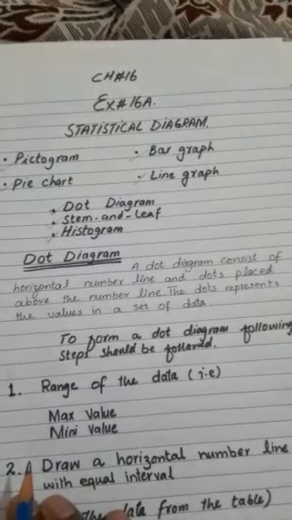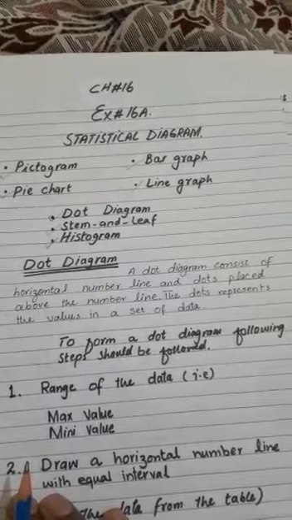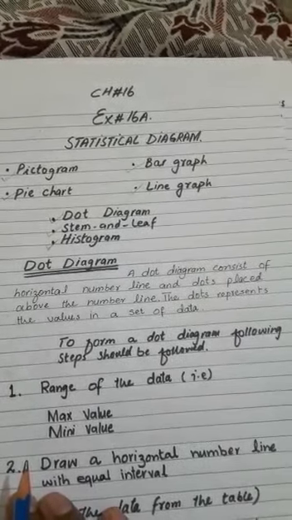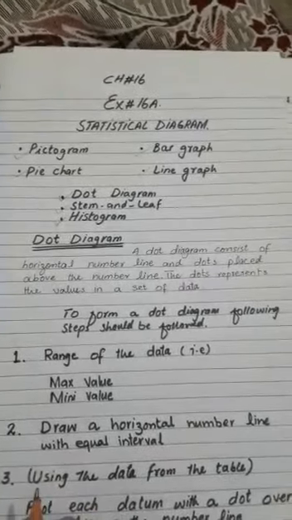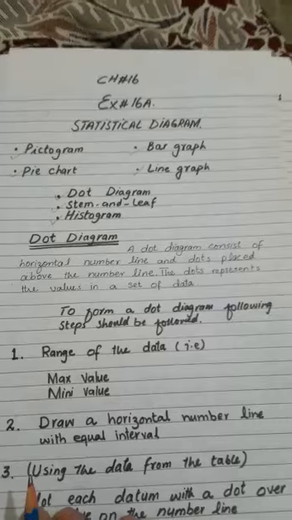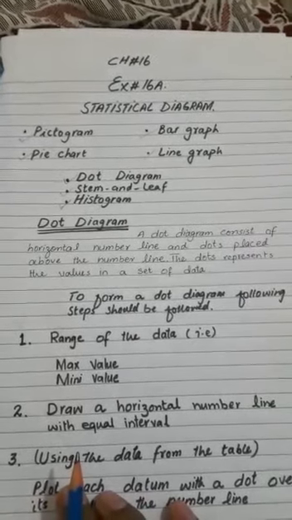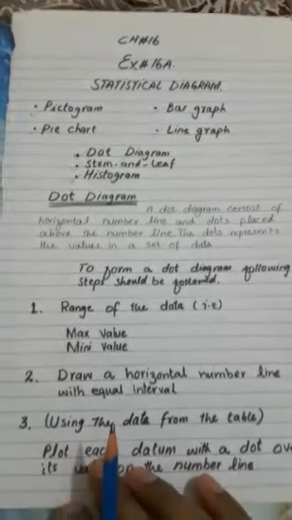As we know, a dot diagram consists of a horizontal number line and dots placed above the number line. The dot represents a value in a set of data. To form a dot diagram, the following steps should be kept in mind. Number one, the range of the data, which means the maximum value and the minimum value of the data.